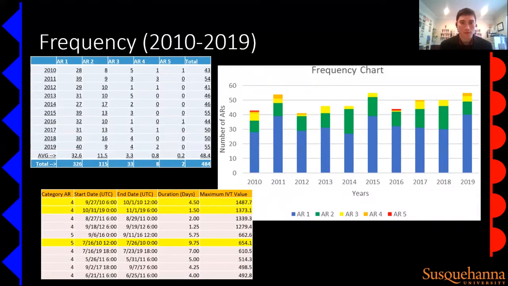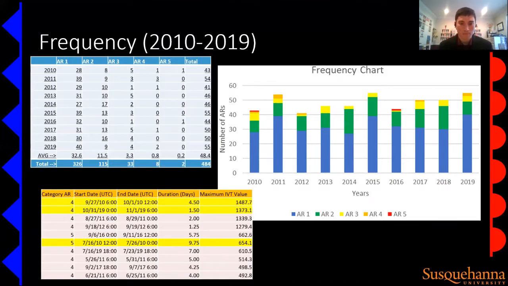And so I picked 3 case studies, which you can see in the highlighted rows. And I picked these 3 because the top one is the highest IVT value averaged over the Mid-Atlantic region that I'm looking at throughout this 10-year period.